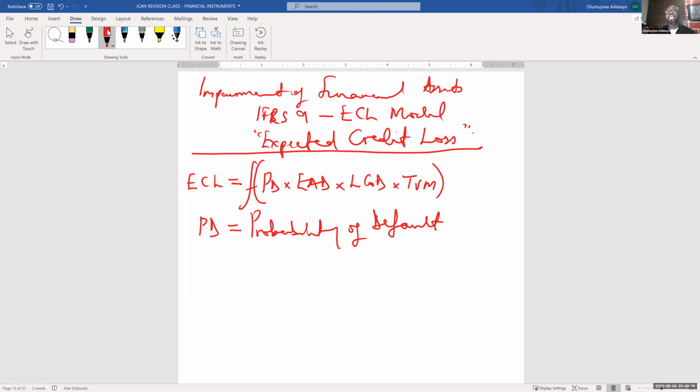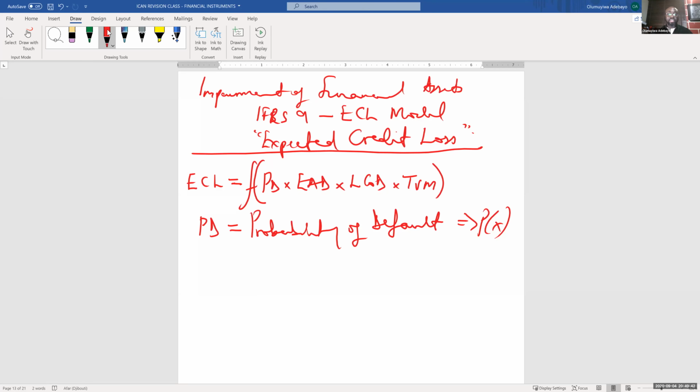It is the expected outcome over total outcome. Remember our probability definition, which is synonymous to your P(X), if you remember your probability description. And you can carry out the probability either on number basis of default or on the value of default.